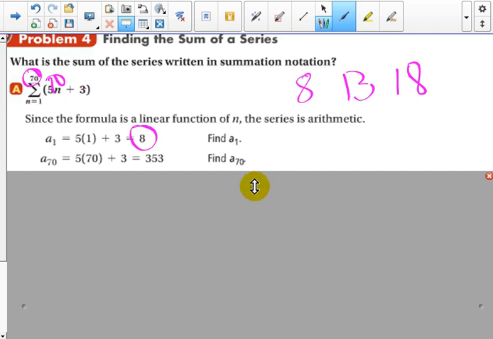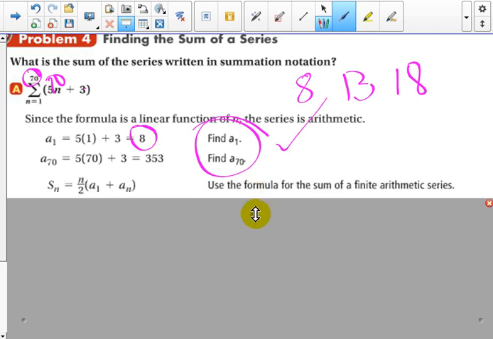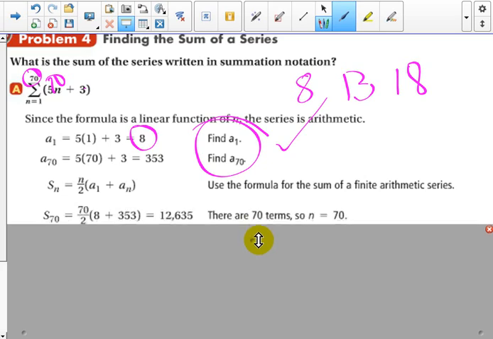So we've got our first term and our last term. Now, what are we going to do with those? Plug them into our summation formula. So the sum of all 70 terms, we have 70 terms right there, the upper limit, S sub 70 is equal to n, which is 70, divided by 2, times the first term plus the last term.